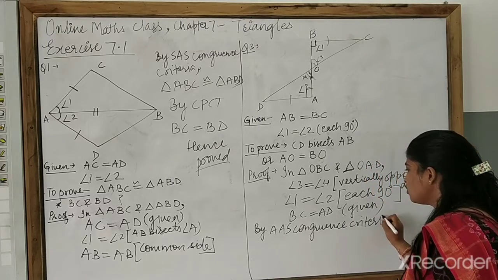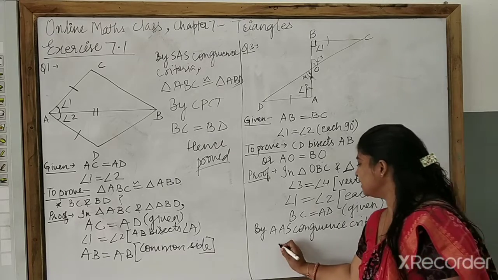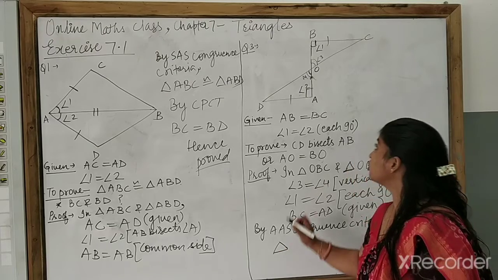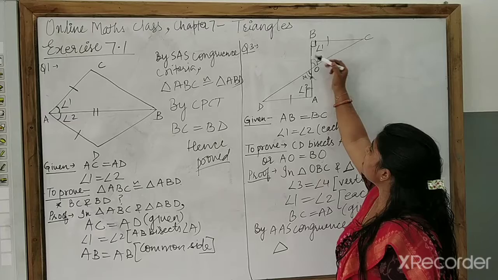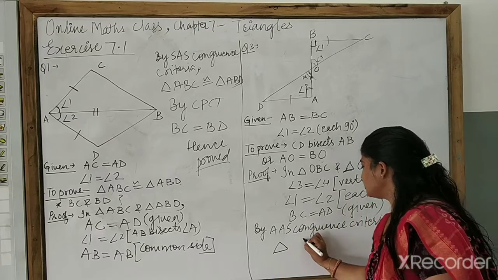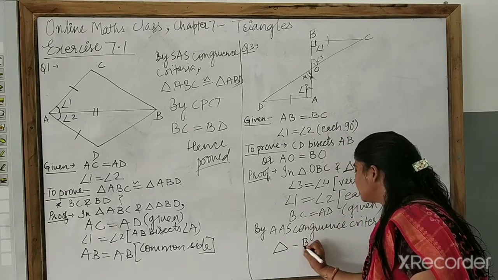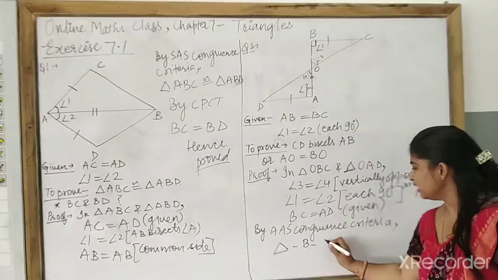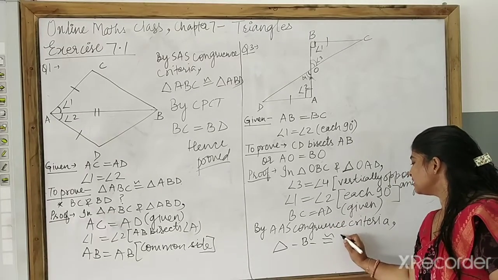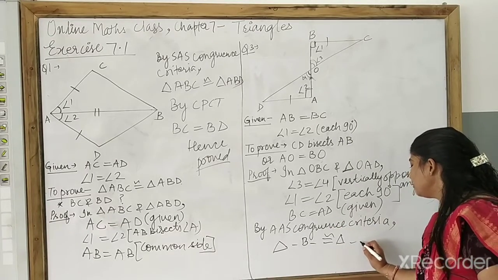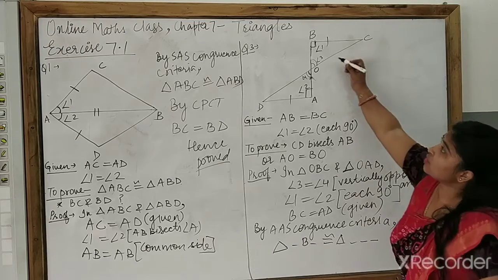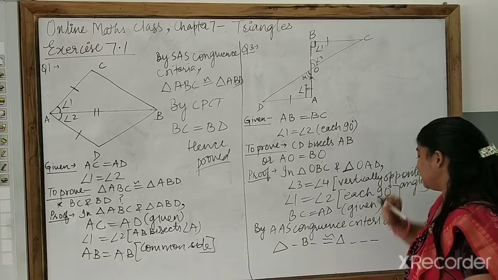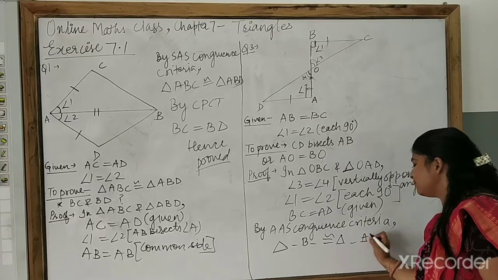By AAS congruency criteria, you can name the triangle with the correspondence. Naming is very important. Angle B you are placing in between, and angle 1 and angle 2 is angle A, so I placed angle A in between.